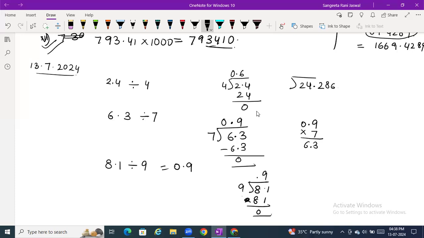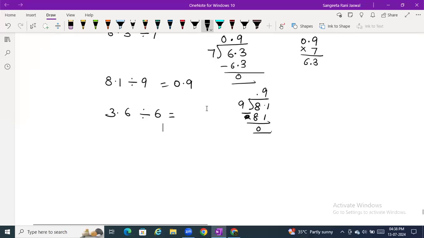This is not minus. Right? Yes, ma'am. Okay, now tell me what is this? 3.6 divided by 6. Ma'am, 0.6. 0.6. Very good.